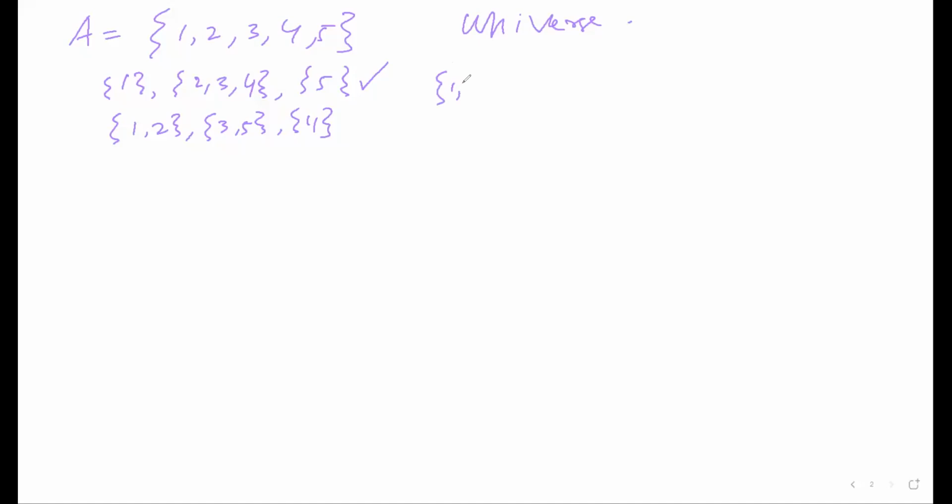Here is a partition: 1, 2, 3, 4, 5. That's a partition, and that will give you an equivalence relation where everything inside this set is related. Follow? So you can partition it into 2 sets, or 3 sets, or 4 sets, or 5 sets, or even 1 set. Agreed?